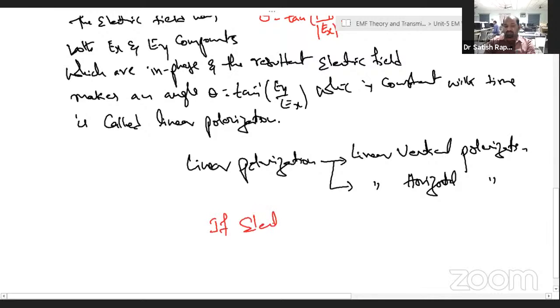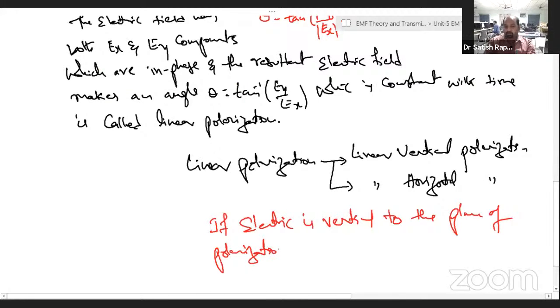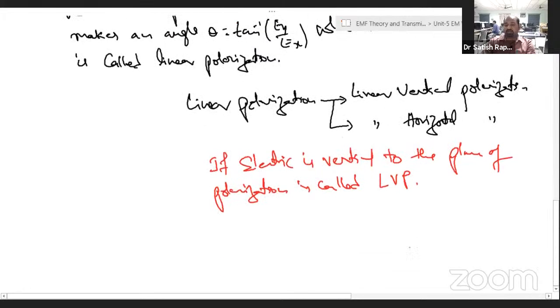If electric field is vertical to the plane of polarization is called linear vertical polarization. If electric field is horizontal, then it is called as linear horizontal polarization.